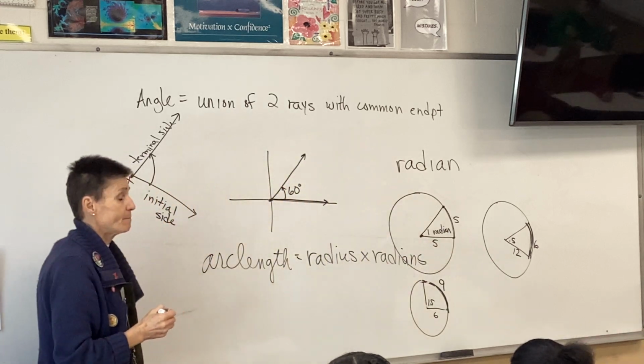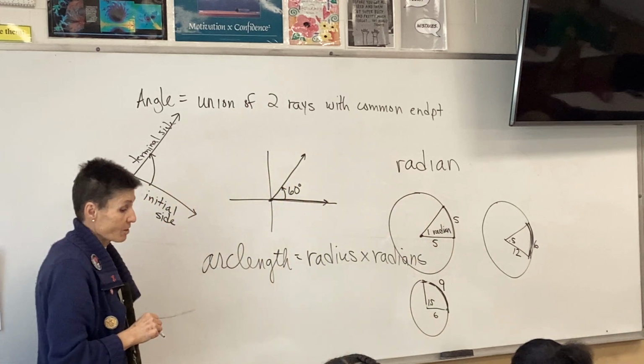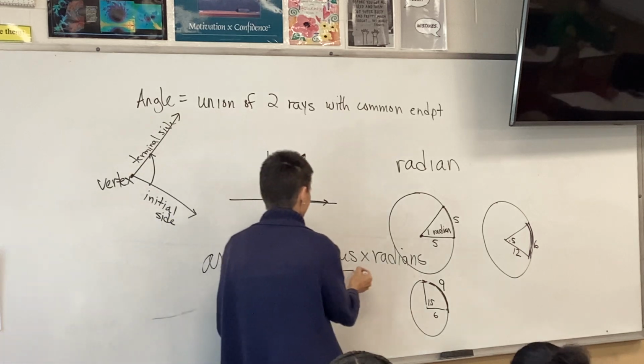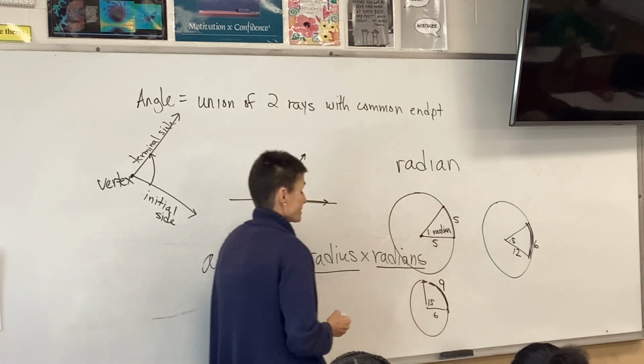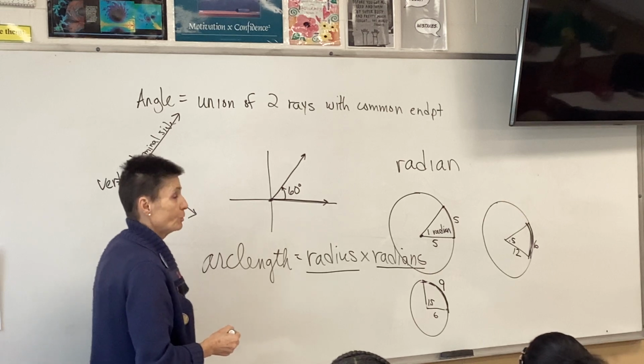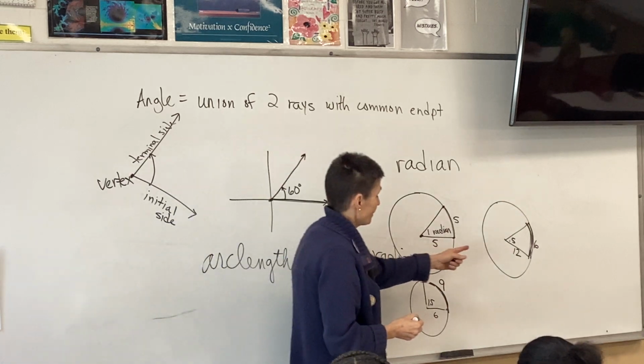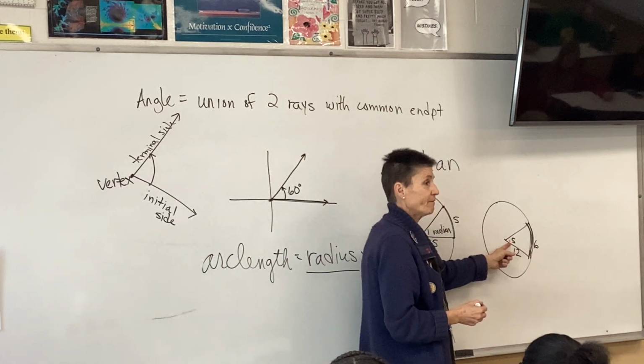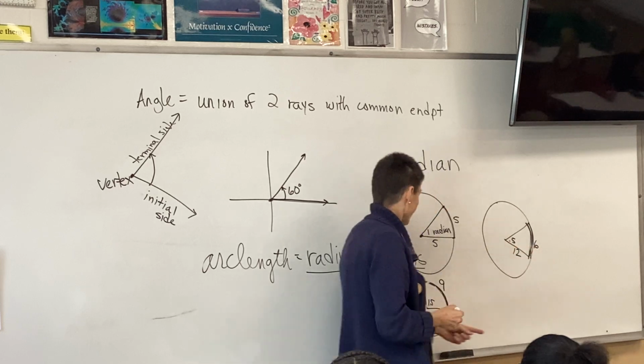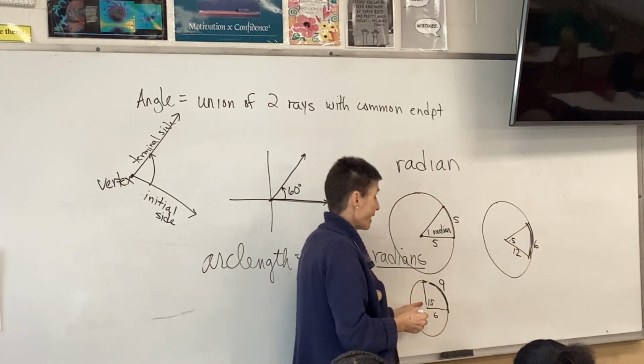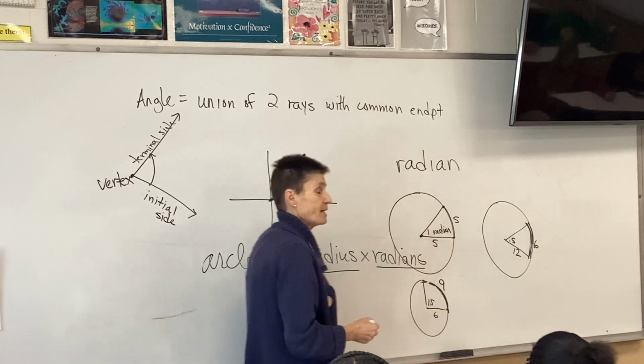We'll practice that in a minute, but for now, where it says arc length, write radius times radians. Look at the examples that we've done. What's 12 times 0.5? 6. What's 6 times 1.5? 9. Yeah, that's the little formula.